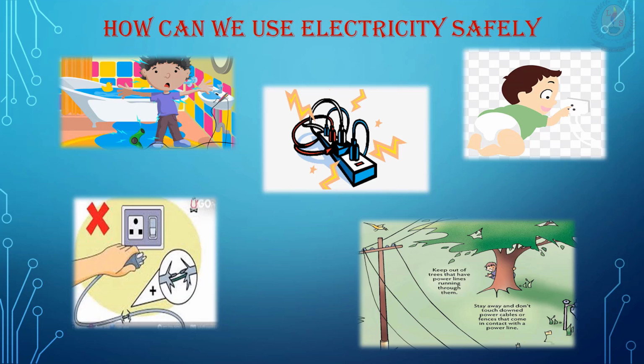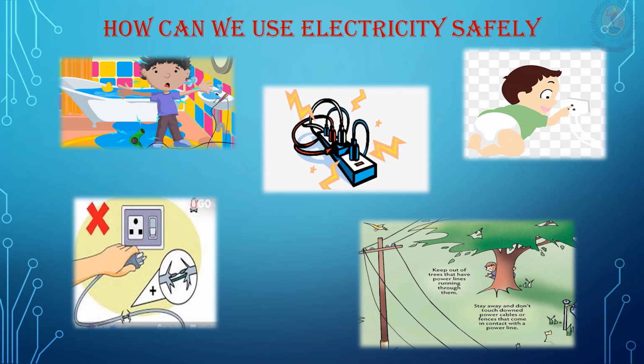We use electricity every day in our electrical devices and appliances. However, electricity can also be dangerous if it is not handled carefully. So, there are some things you should not do when handling electricity.